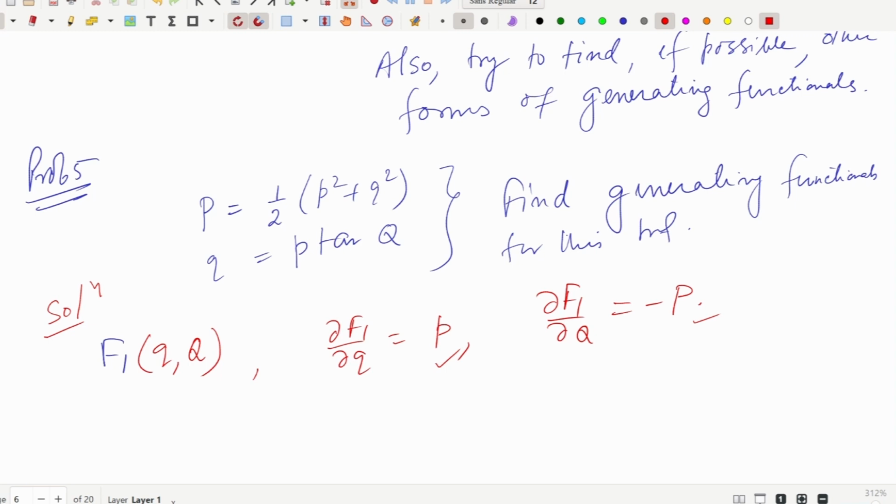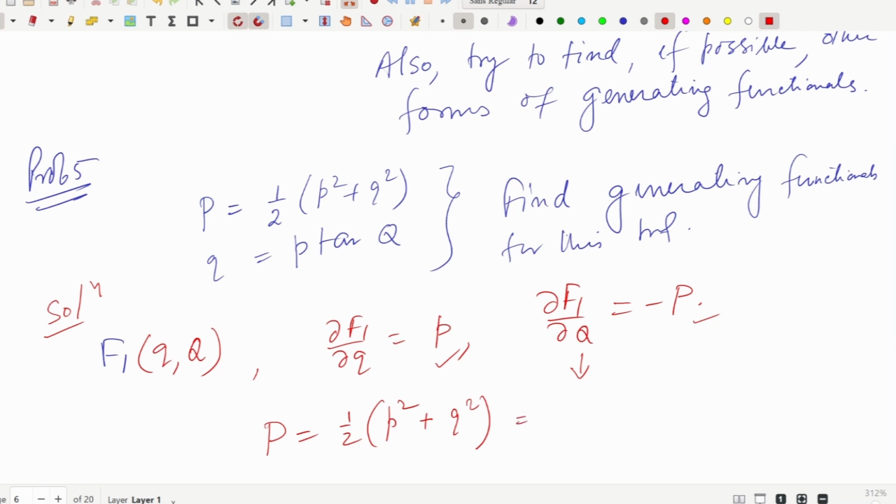Okay. So, if you try to find capital P, for example, capital P is half p square plus q square.